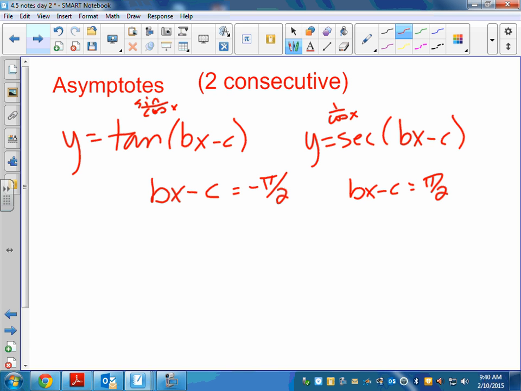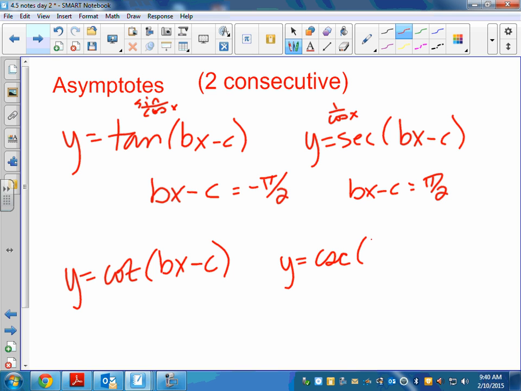Which means cotangent and cosecant are also going to have the same asymptotes, yes? And again, how can you check? You don't have to memorize this, you can just think it through.